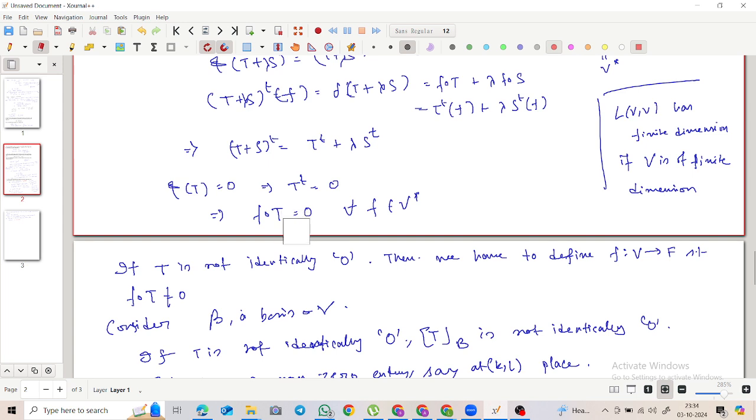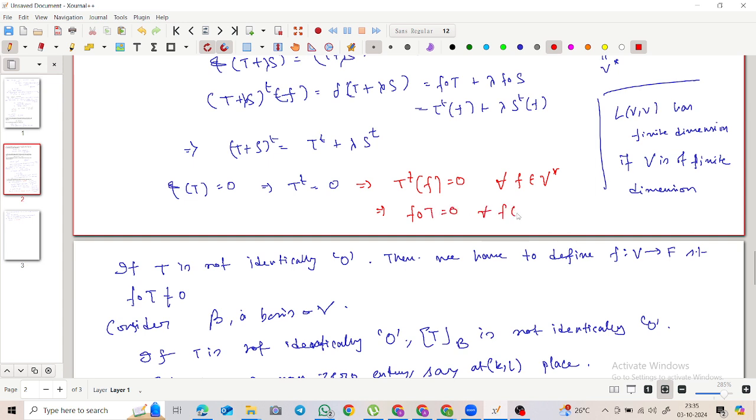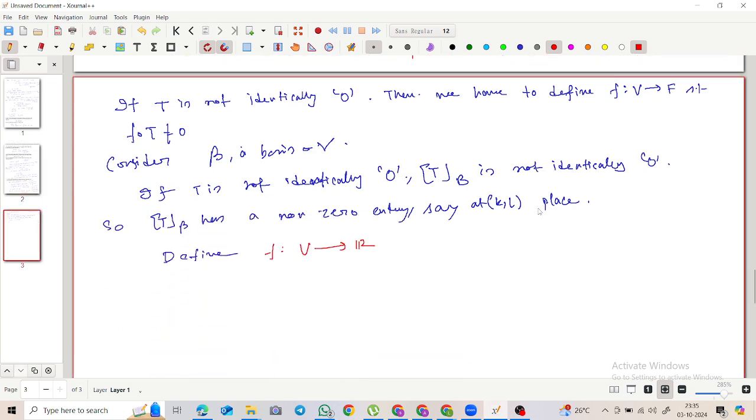It means T transpose f is 0 for all f belonging to V star. So f composed with T is 0 for all f belonging to V star, isn't it? So f is from V to R.